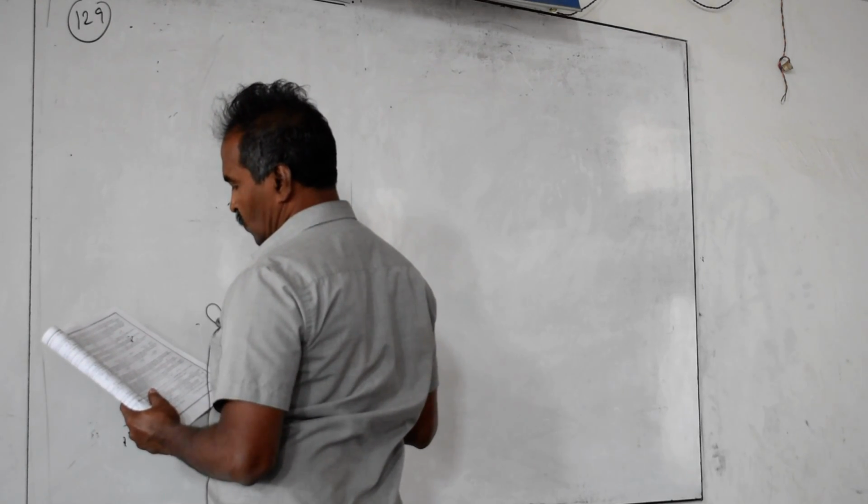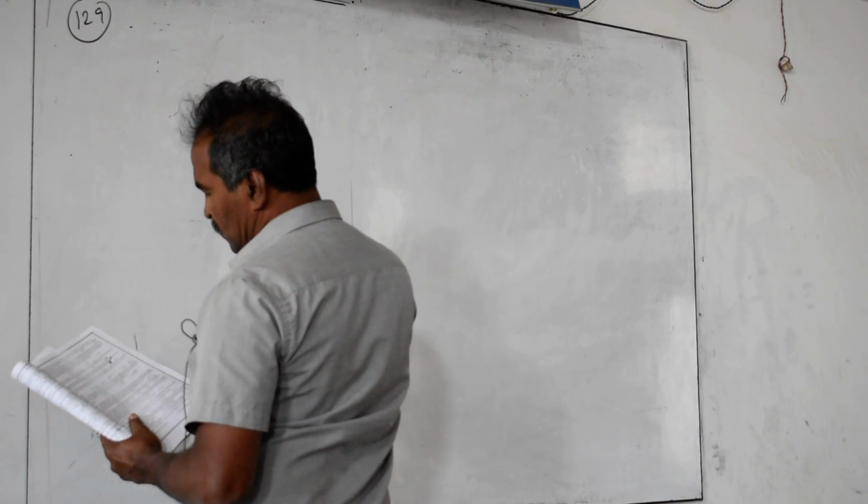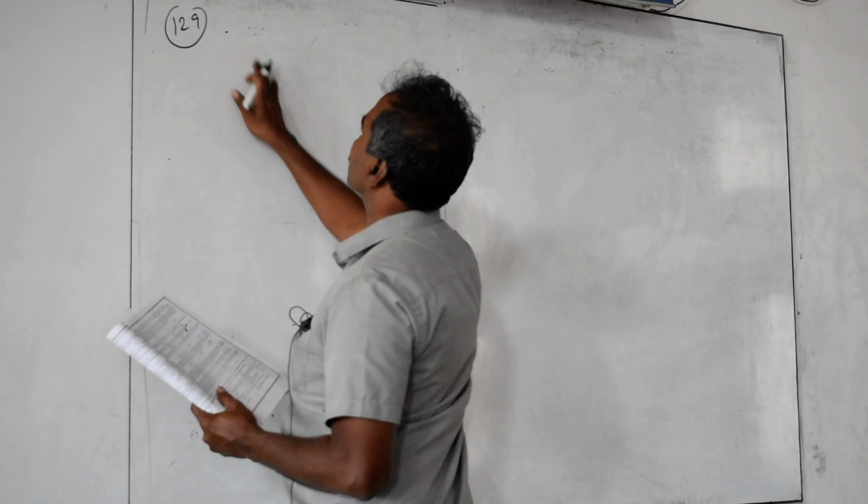The charges on the two rings are plus q and minus q. What is the potential difference between the centers of the rings?